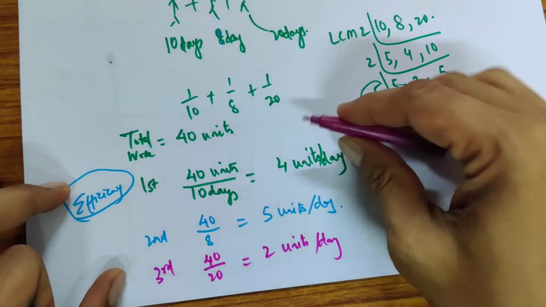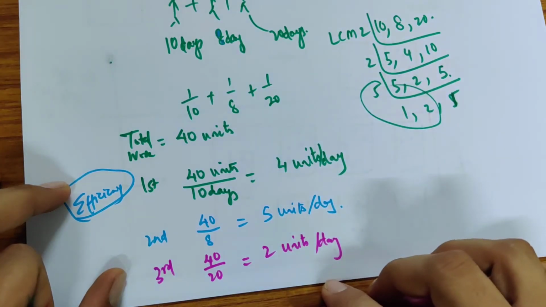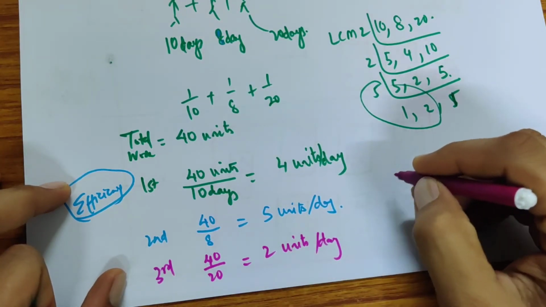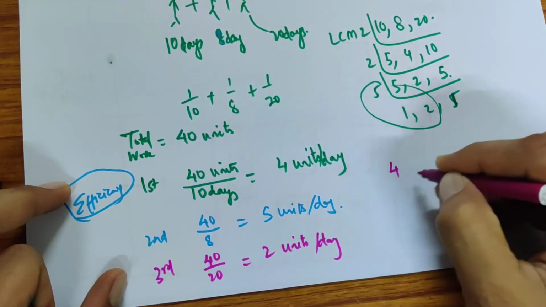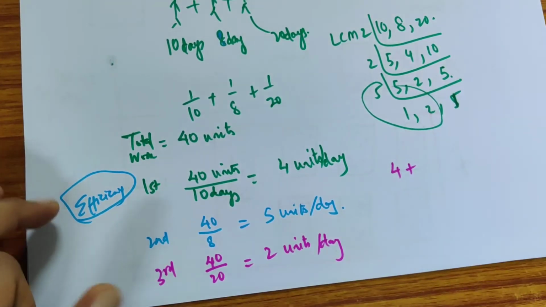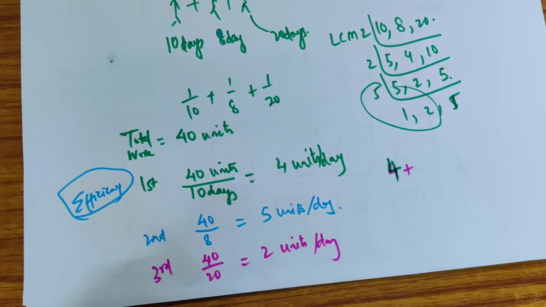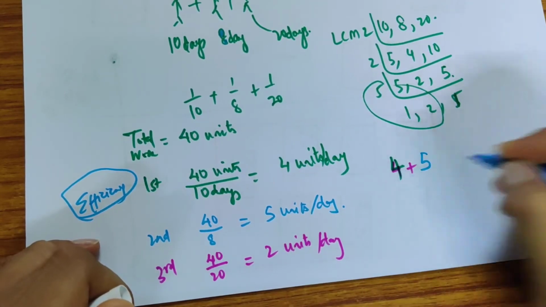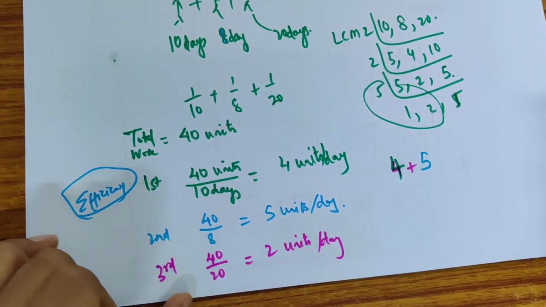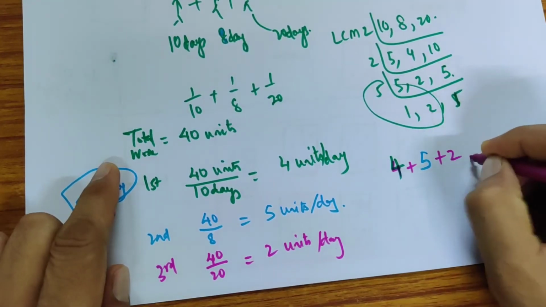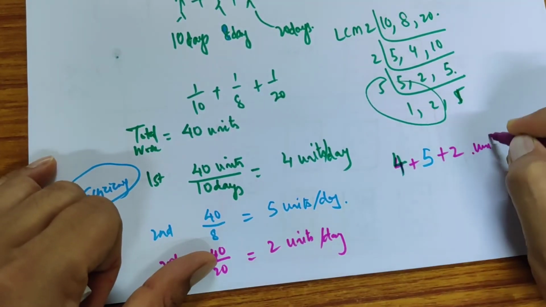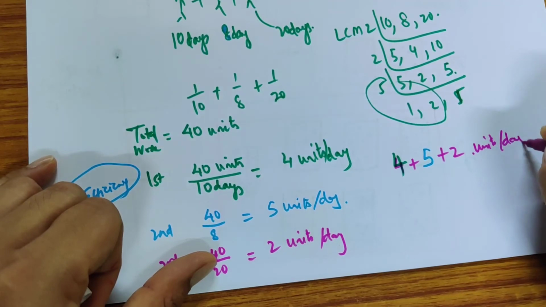And then if you want to know how all three of them perform together, you simply say together they will get 4 plus 5 plus 2 units of work per day.